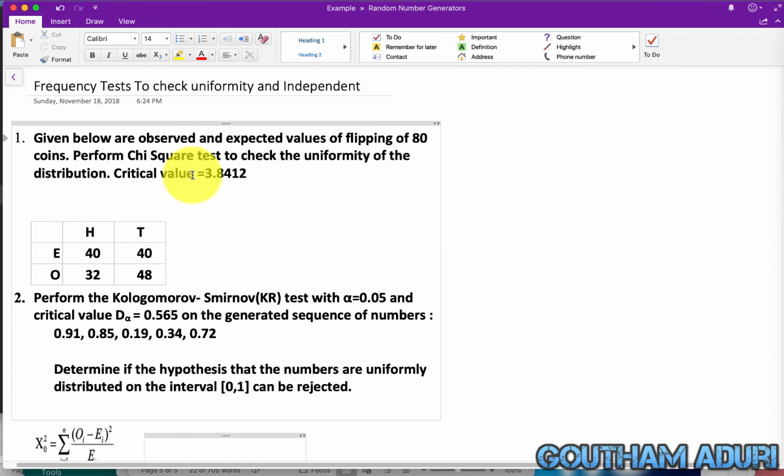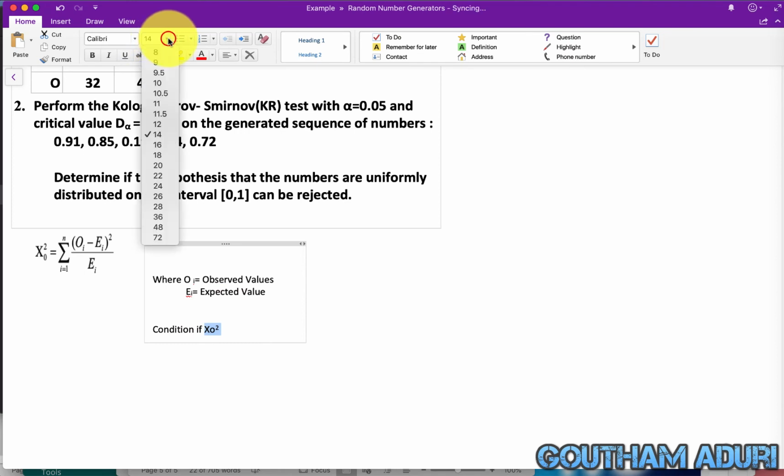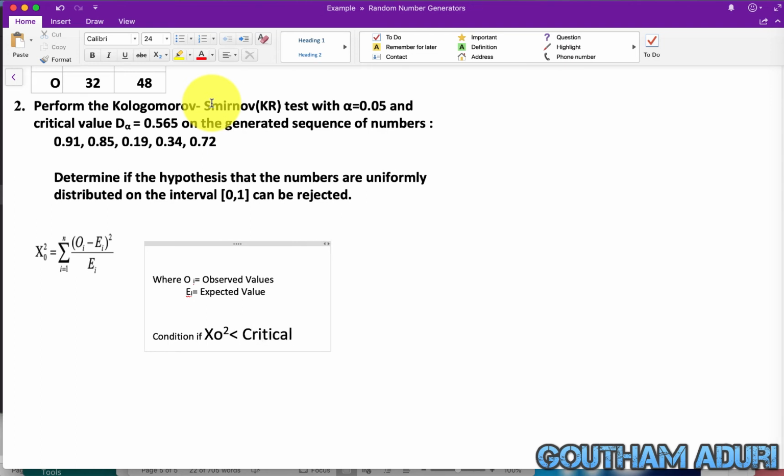The critical value that is given is, so you know this formula: if chi-square is less than or equal to the critical value, then the uniformity distribution is accepted.